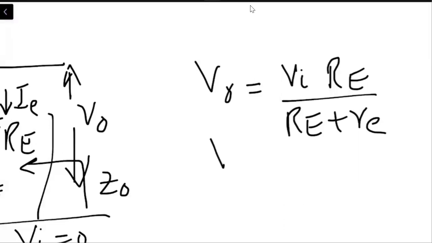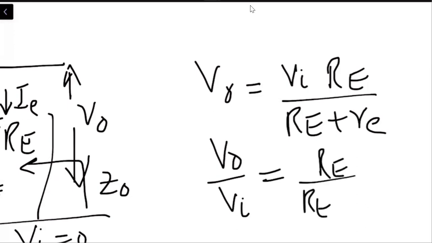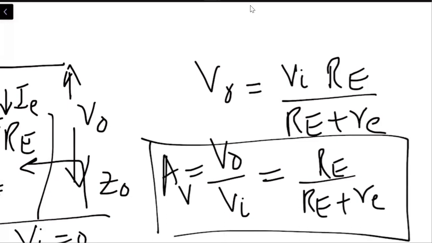So this means V naught divided by Vi will be equal to RE divided by RE plus small re, and this is basically our voltage gain for the emitter follower configuration circuit. As we know, RE is very, very big compared to small re, so in the denominator it is more or less equal to RE.